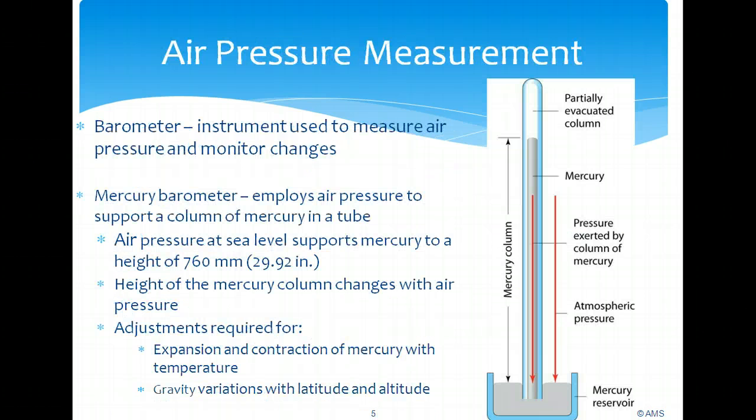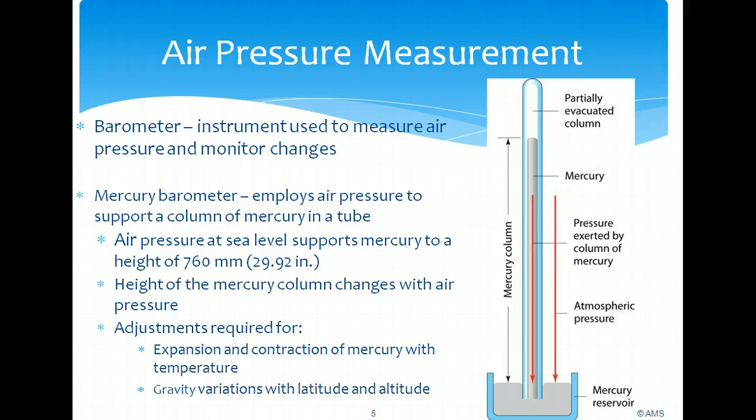It's important for us to be able to measure air pressure because we know that air pressure changes, and with that come some very distinct effects relative to weather formation. And the instrument that has been used for 300, 400, 500 years is something called a barometer.